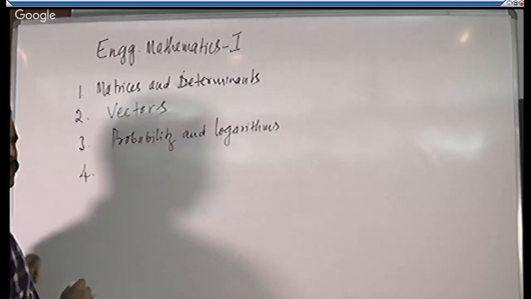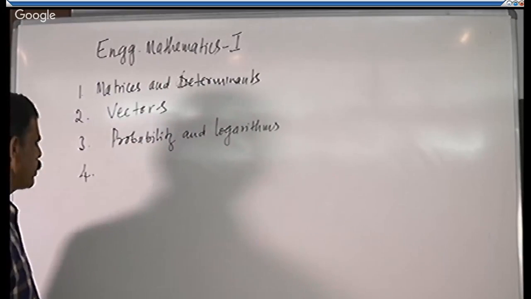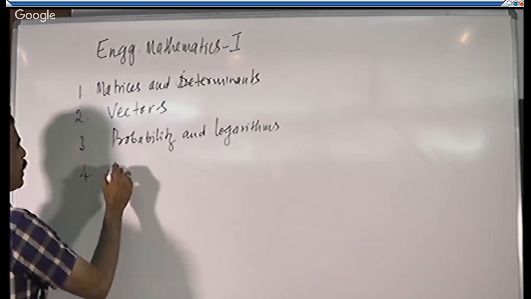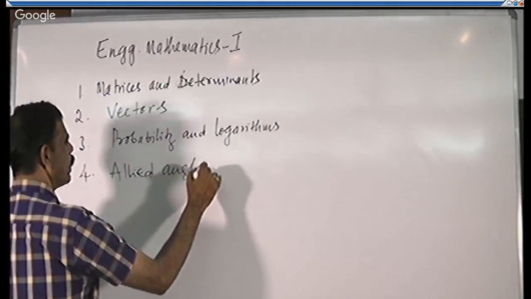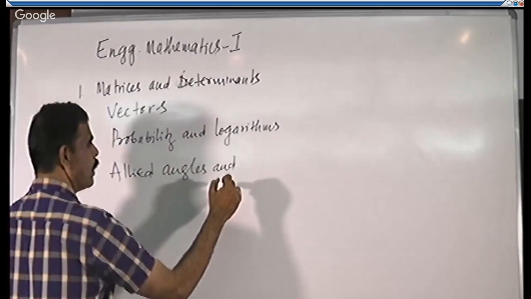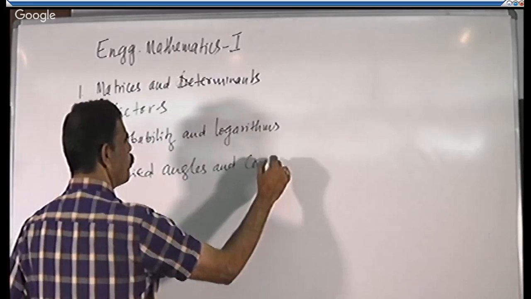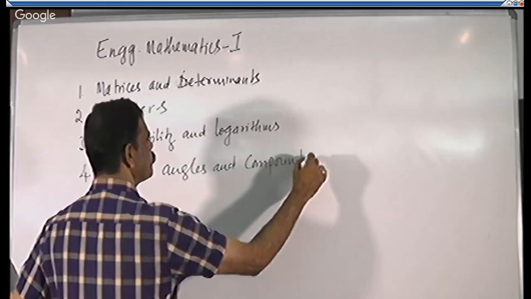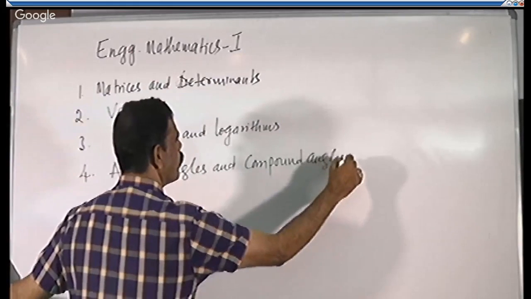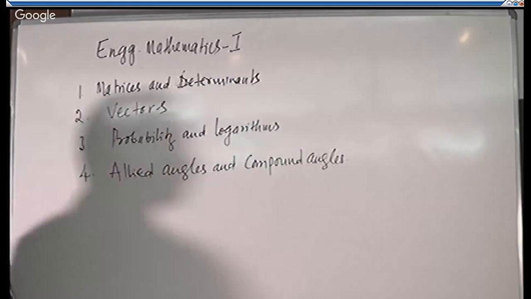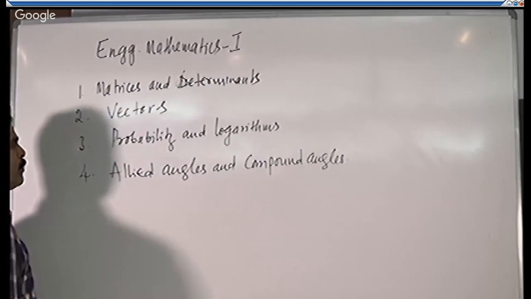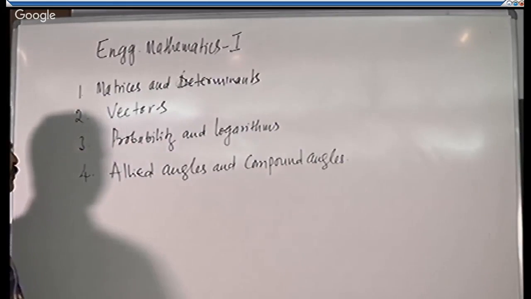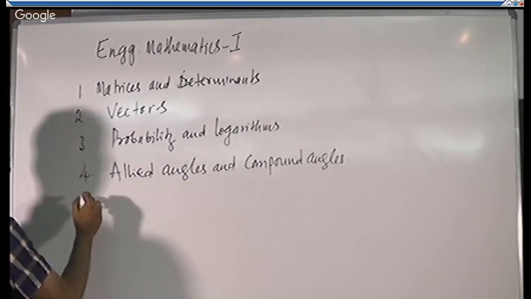Fourth unit, it is a trigonometric base, allied angles and compound angles. Basics of trigonometry you have learned in SSLC. After that, we have to gain the knowledge of allied angles and compound angles.